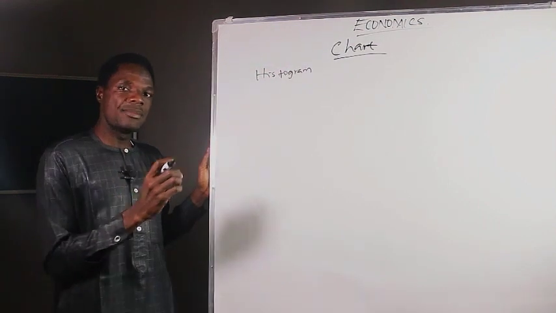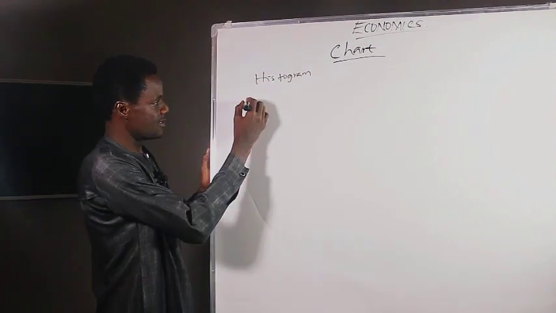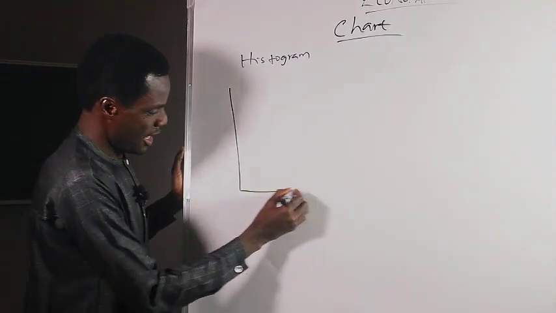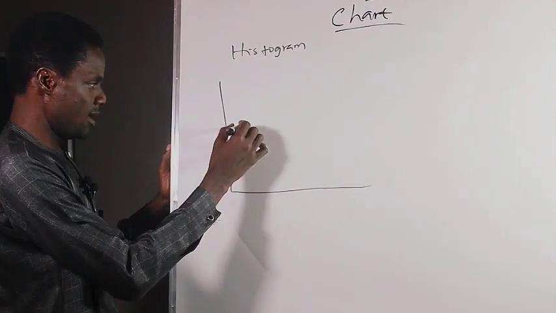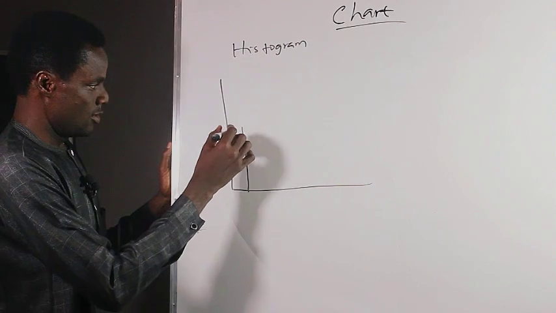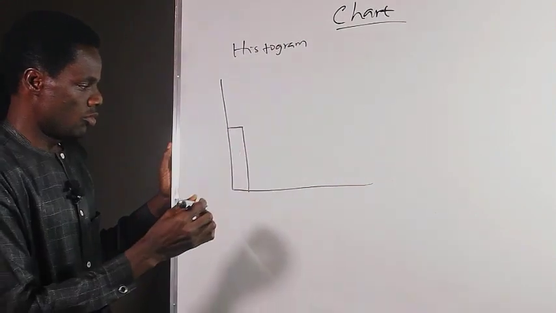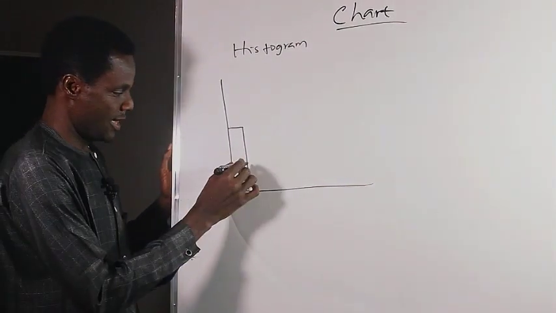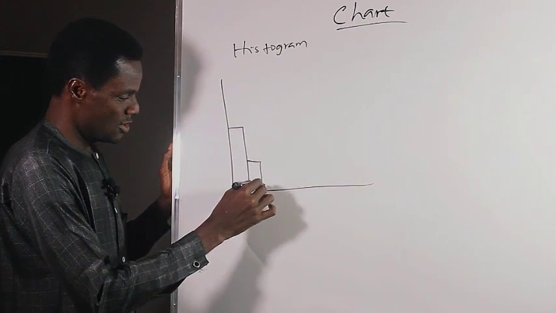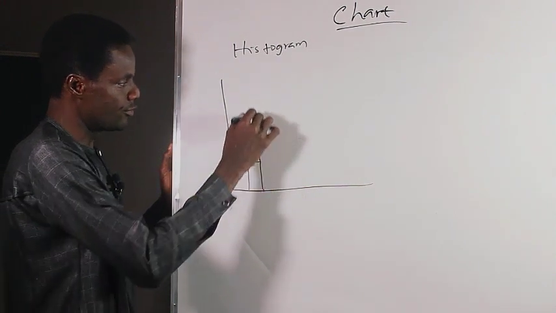Histogram is similar to bar chart, but the only difference is that in histogram, as it contains rectangular bars, it has no gap between the bars. So as we draw it, we don't leave any gap between them.